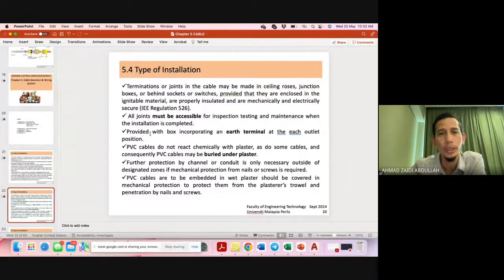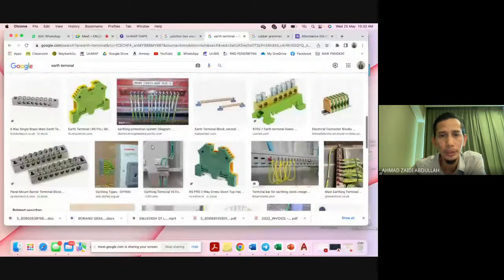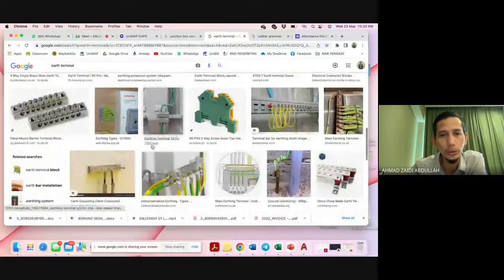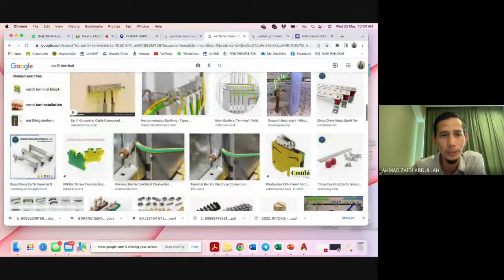Senang tengok tu. And then it must also be provided with box incorporate and earth terminal at each outlet position. So earth terminal ni, earth terminal look like this lah. Dia ada earth terminal. And then for all load also you will find earth terminal.